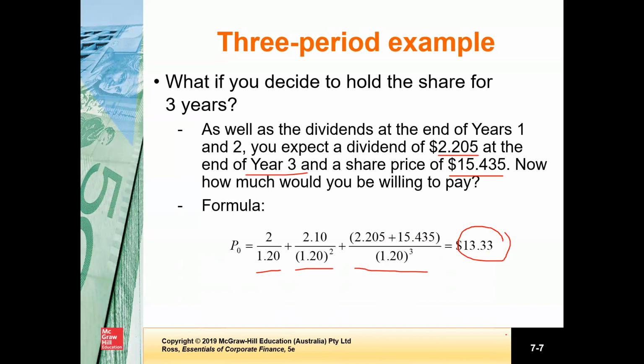You see that you should be willing to pay $13.33, as you will be earning 20%, your required rate of return, given these cash flows. So I think you get an idea that if we have an estimated dividend and an estimated sale price, then this is how we find the intrinsic value of a share.